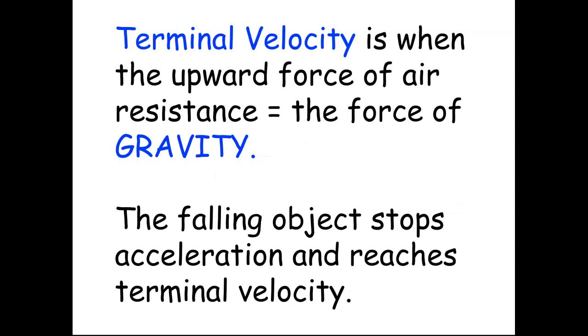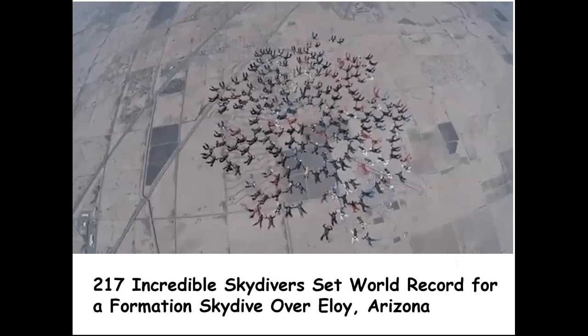Terminal velocity is when the upward force of air resistance equals the force of gravity. So instead of going 9.8 meters per second to 19.6 meters per second, it's going to go at consistent velocity.